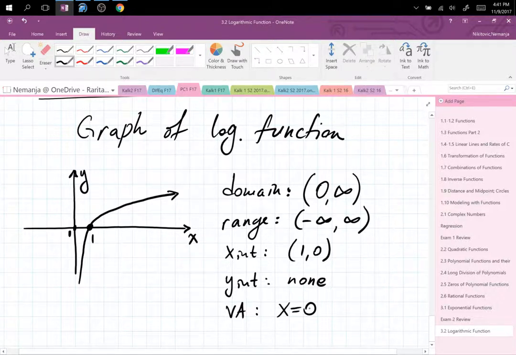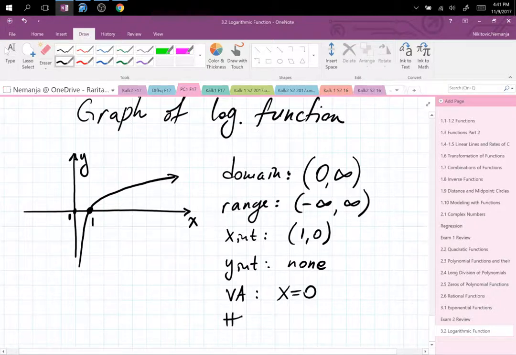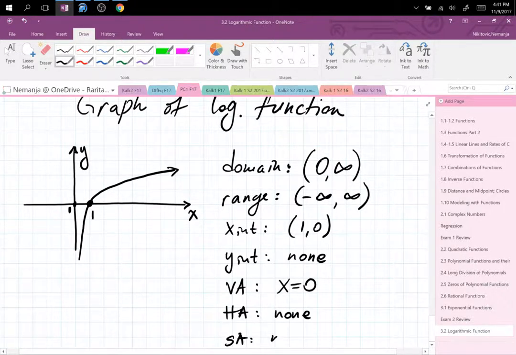Very good. Do we have horizontal asymptotes? Okay. Do we have slant asymptotes? No. Good. There's your comprehensive list of things about the basic ln graph.